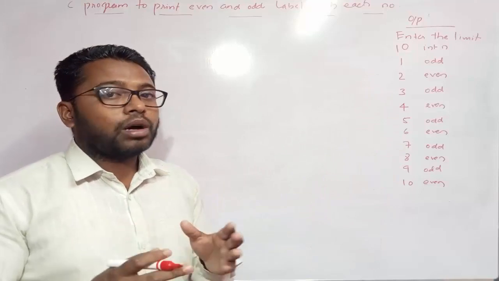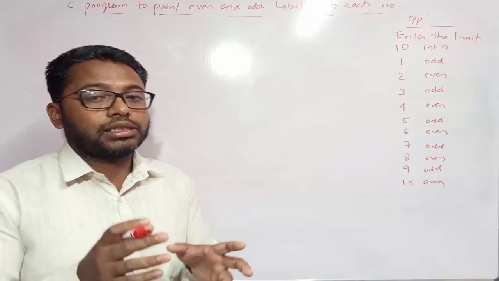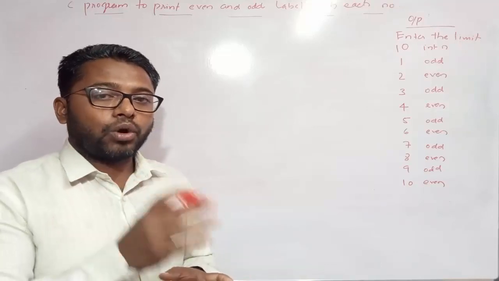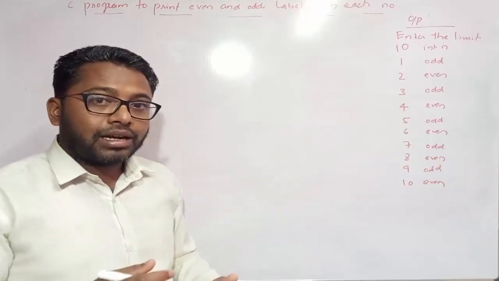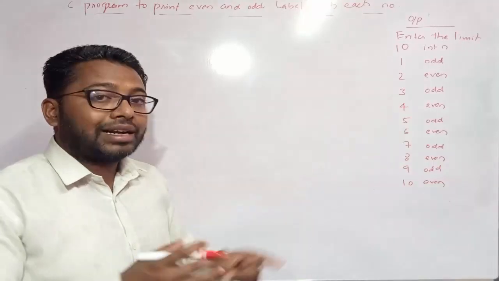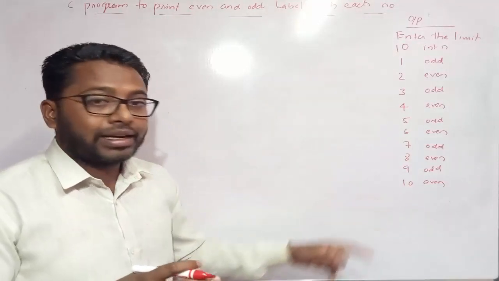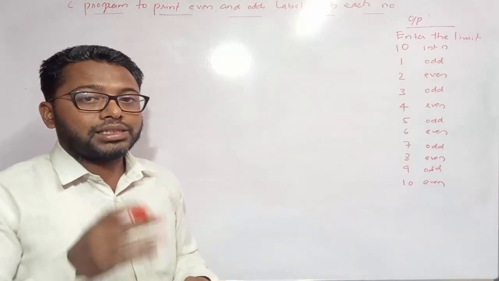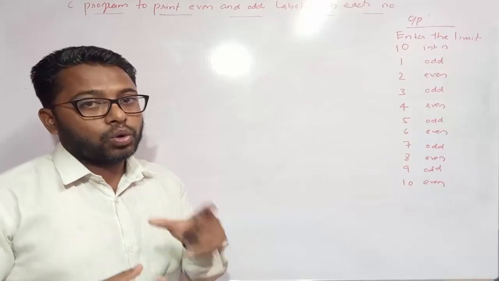Whenever you are performing a specific task n number of times, the best method is to use loops, either for loop, while loop or do while loop. But here, since I already know the limit for performing that task, that is, 10 times I need to check whether the number is even or odd, the best looping construct is the for loop.